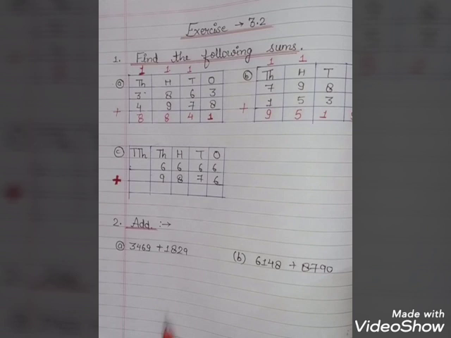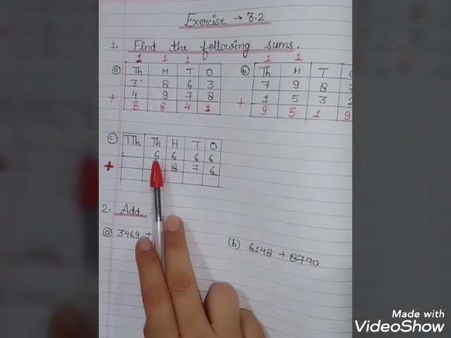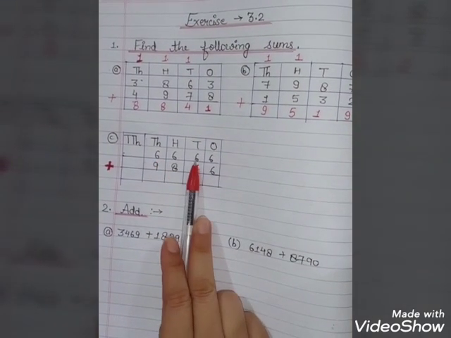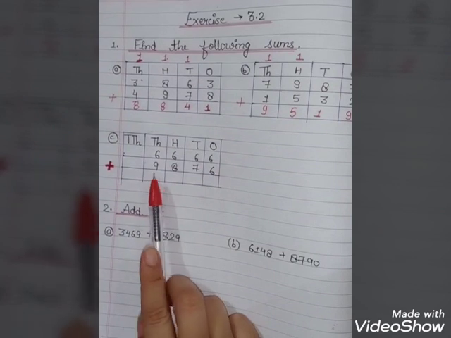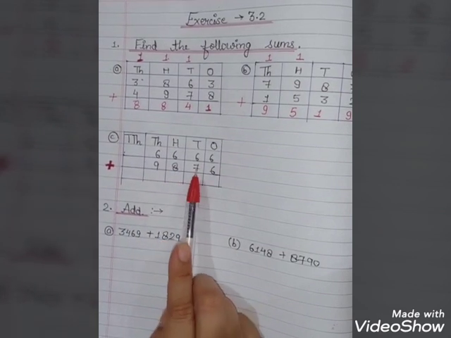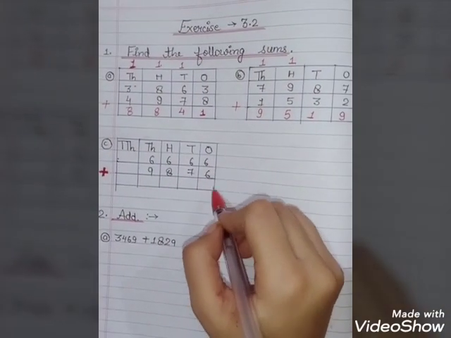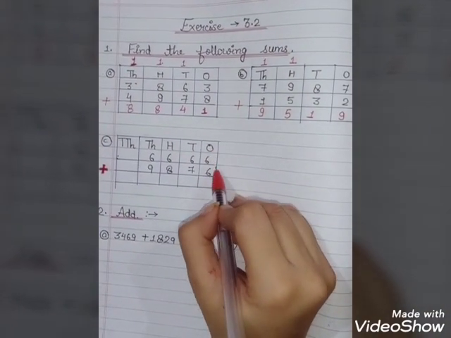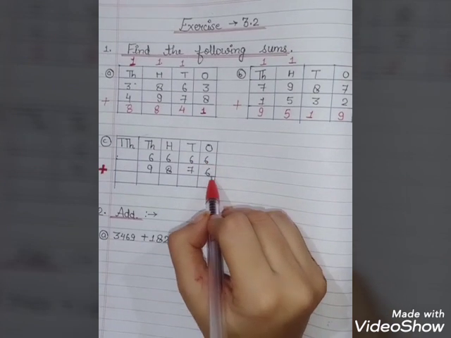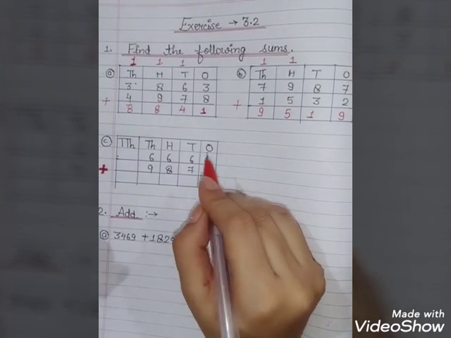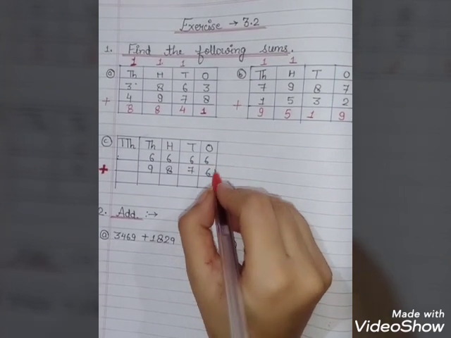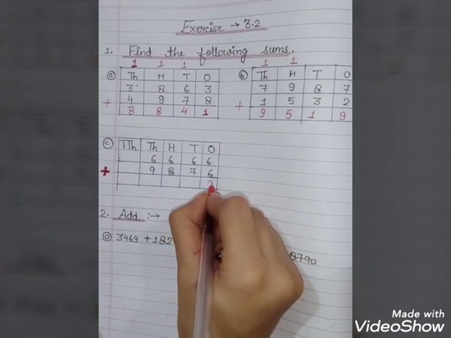Next example is we have to add 6666 and another number, 9876. Again, start from the ones place. We have to add the ones place digits, that are 6 and 6. If we add 6 plus 6, we get the answer 12.